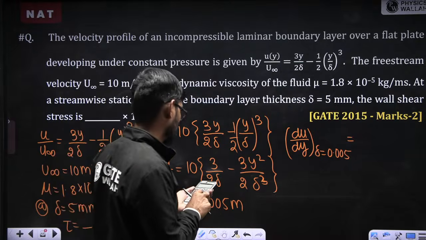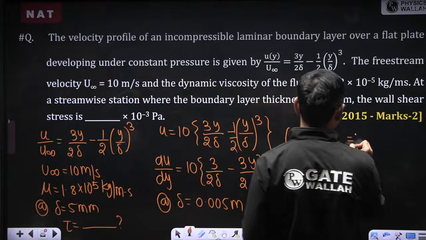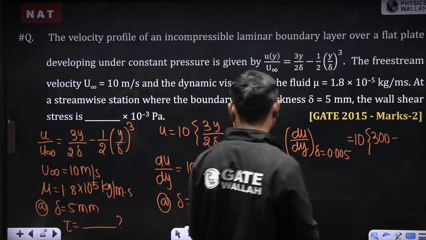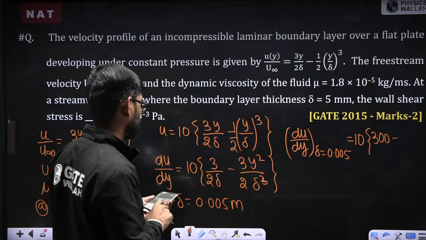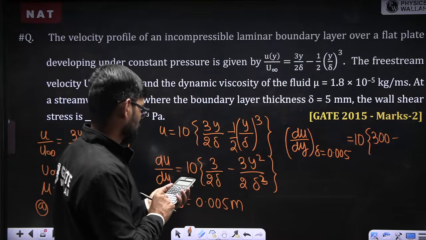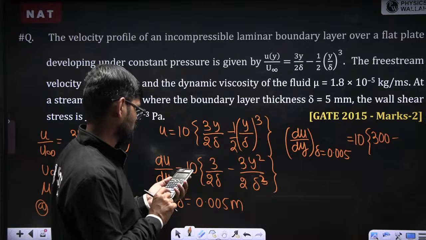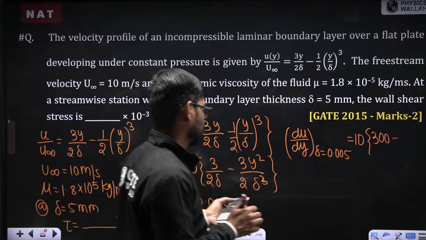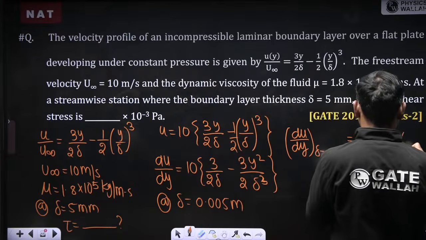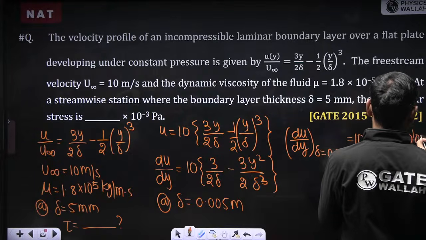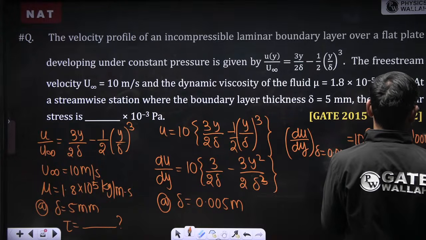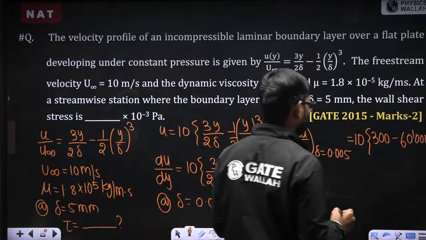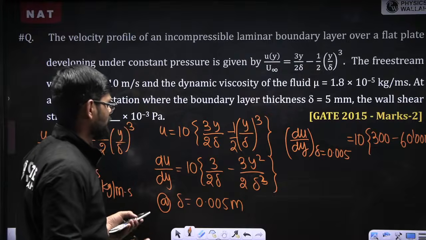So this value will come 10 into 300 minus 60,000 y square.